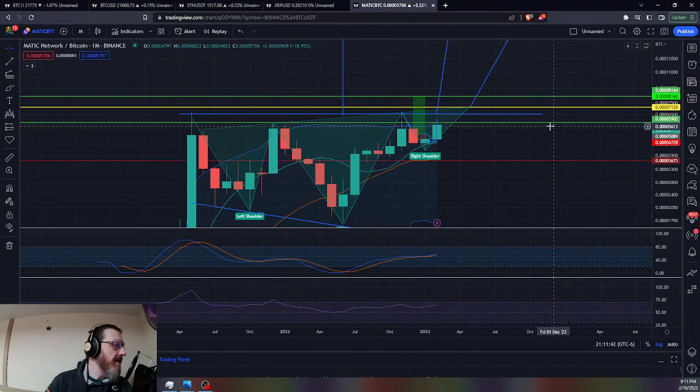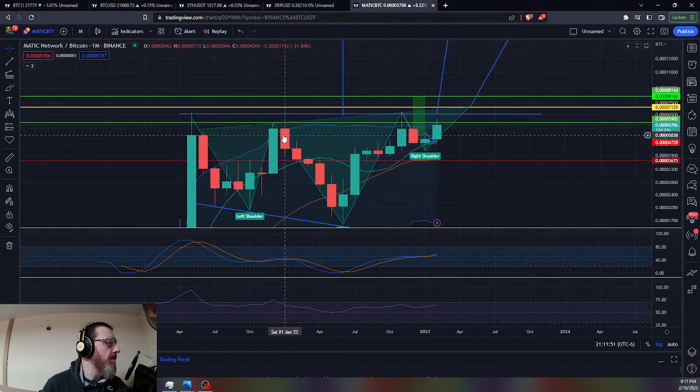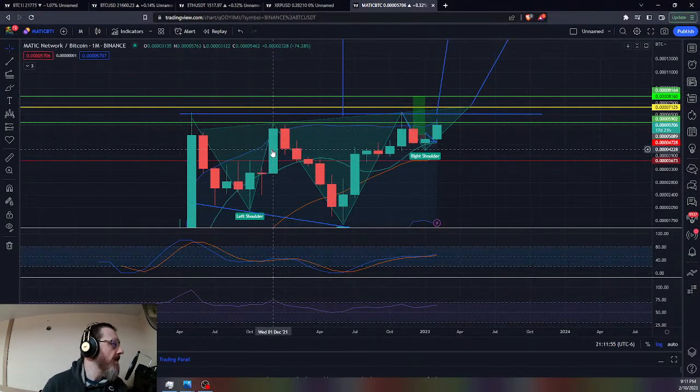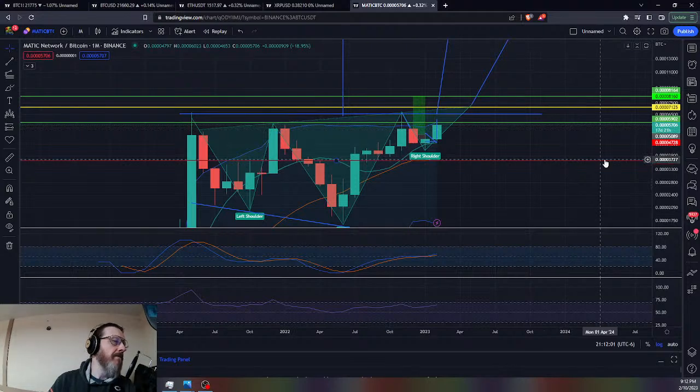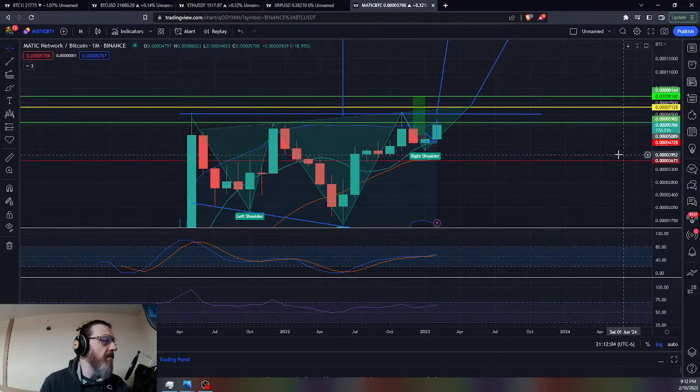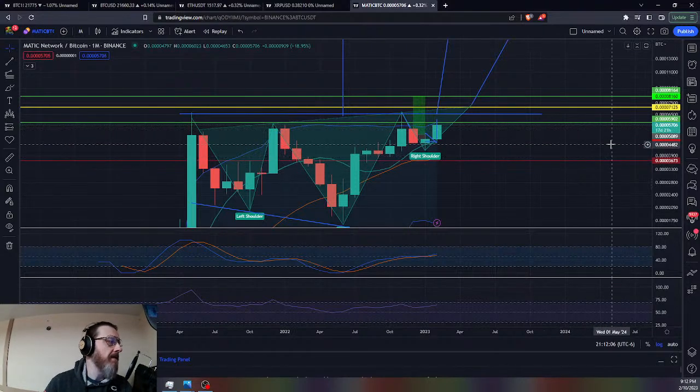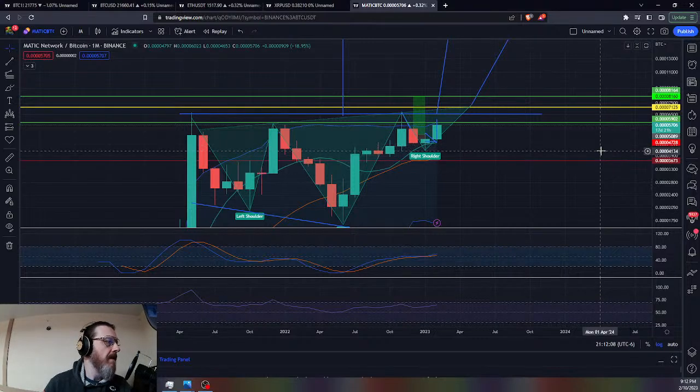As long as Matic stays above 54.50, no, it's going to be a little higher than that because this one was a little higher than that one. So 54.63. Yeah, let's say 54.65.